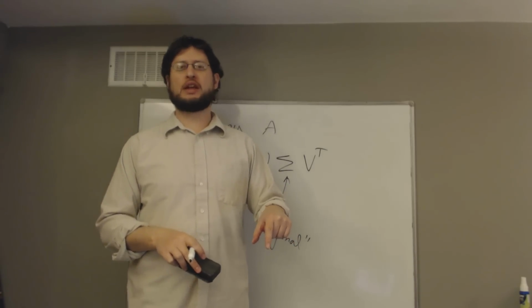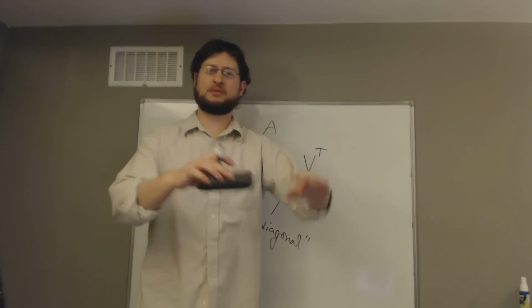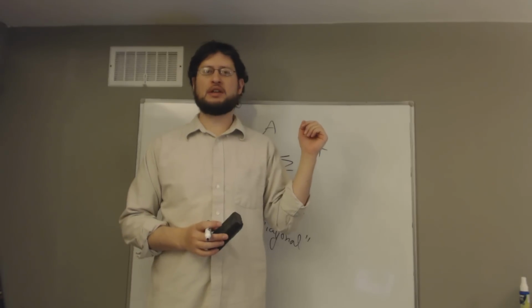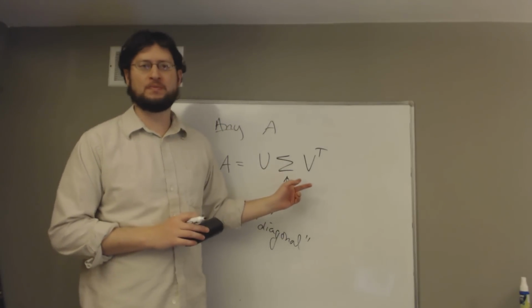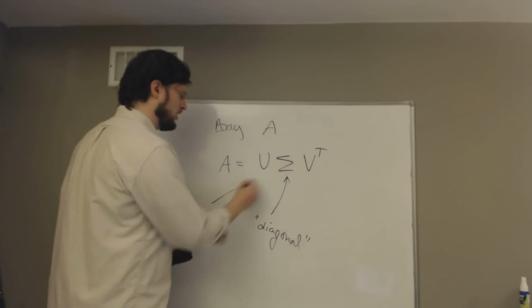So it's going to have entries going down along a diagonal, but it may have some extra zeros at the bottom or some extra zeros on the side because it's not actually going to be a square matrix. But it's as diagonal as possible for a non-square matrix. And U and V are both orthogonal.